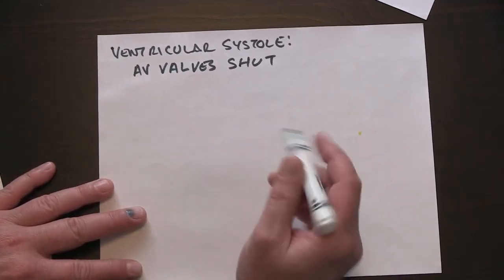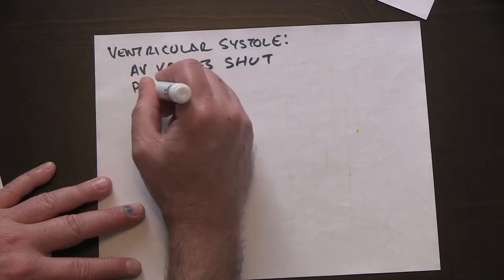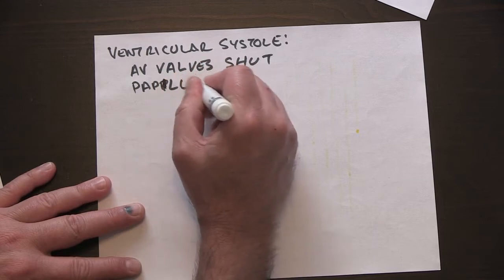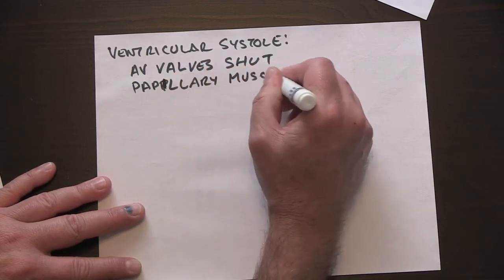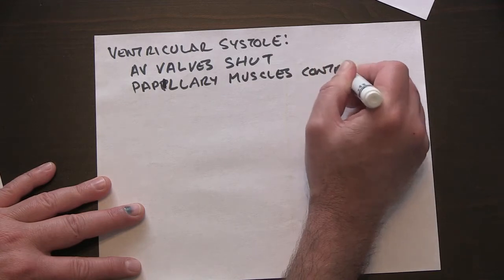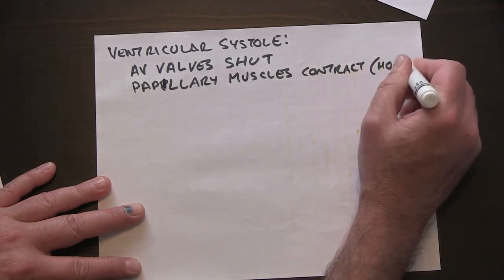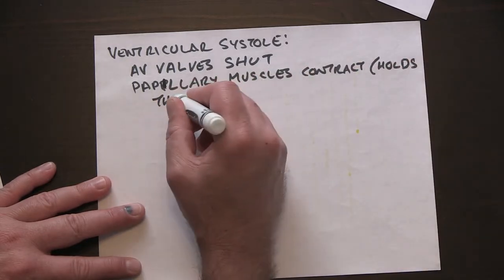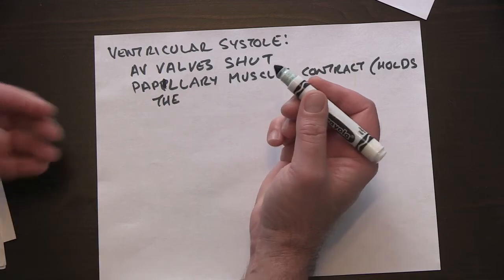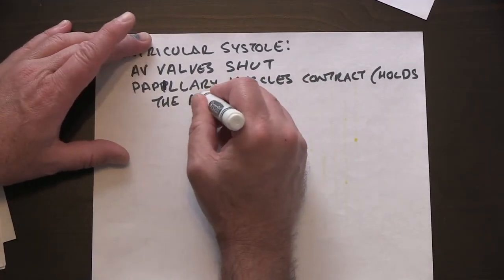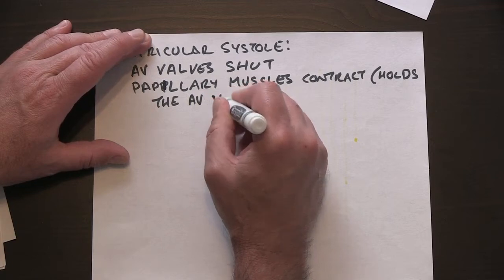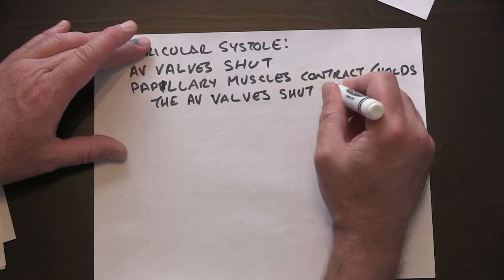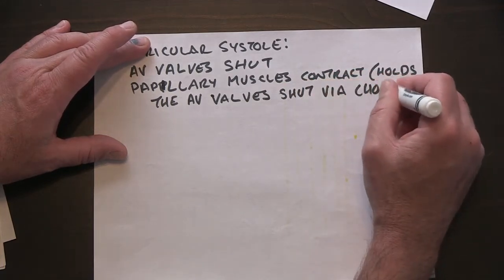So the AV valves slam shut, and the papillary muscles contract and hold the flaps of the AV valves shut via the chordae tendineae.